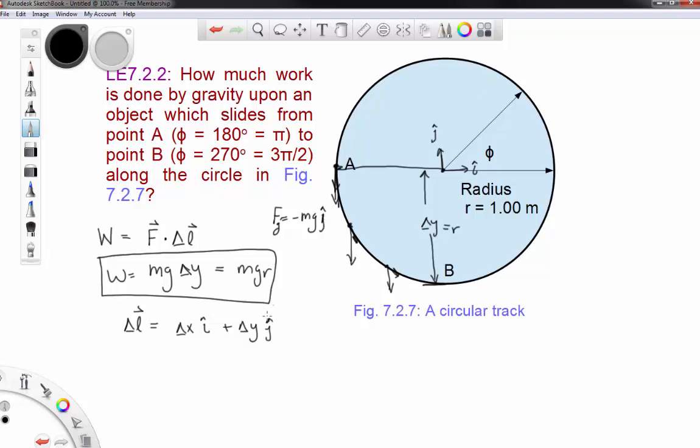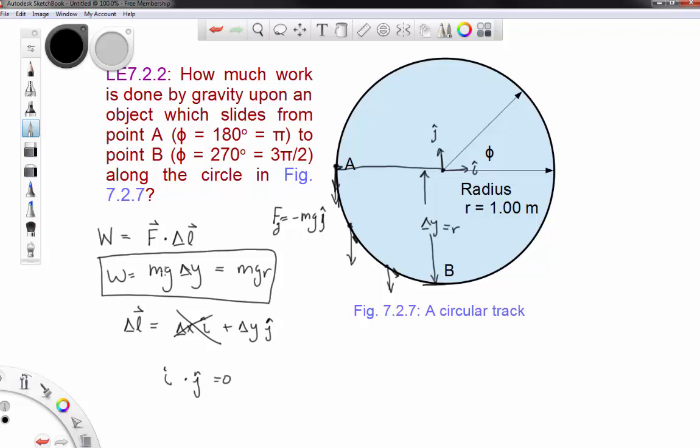And since we're dotting this with the j hat, this component goes away because I hat dot j hat is 0. And so you are just adding a bunch of little delta y's together, and when you add a bunch of little delta y's together, you just get the total change in height. So that's the reasoning behind the simple solution.